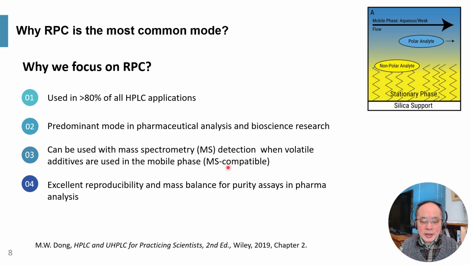In this case, it is called a mass spec compatible operating procedure or analytical method. Number four, reverse phase has excellent reproducibility and also very good mass balance for purity analysis. Therefore, it is used in pharmaceutical analysis, particularly to monitor the purity of drug substances or drug products.